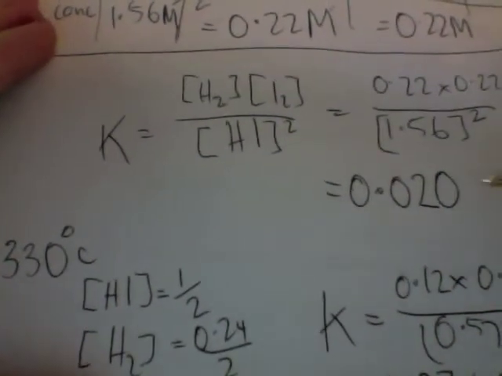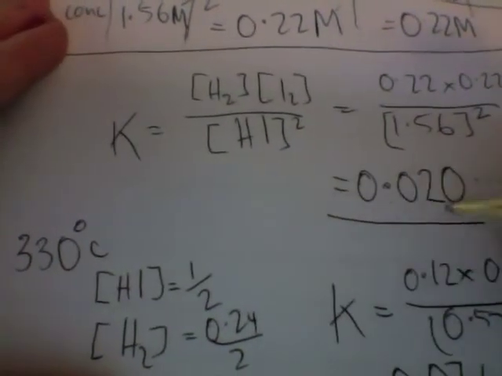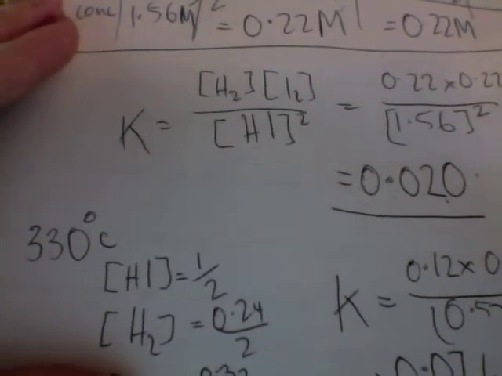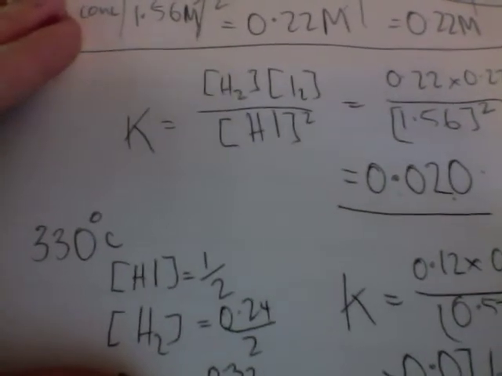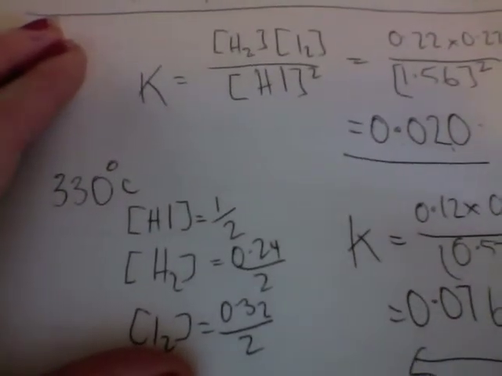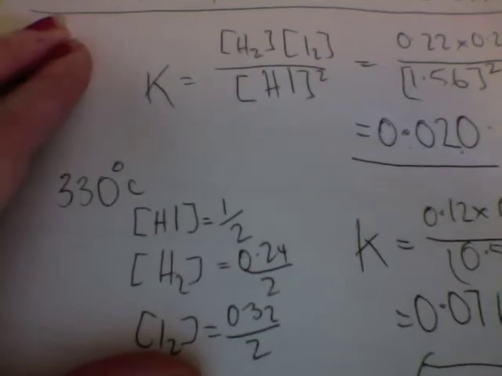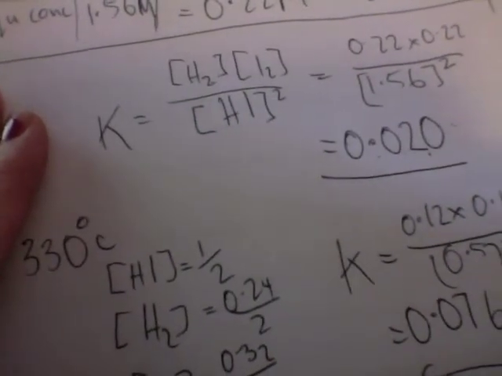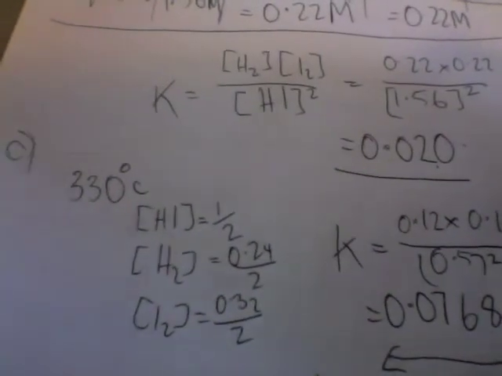So our K is supposed to be 0.02. We have a larger K, which means we have more products than necessary. So in other words, we need to go backwards. This will cause a net backward reaction. Yep, okay, we got that right. All right, next one.